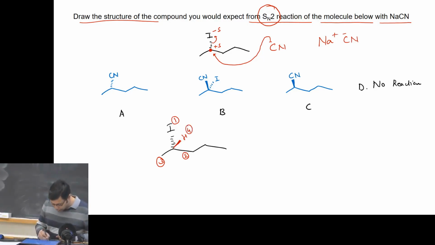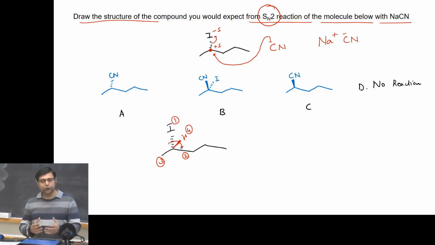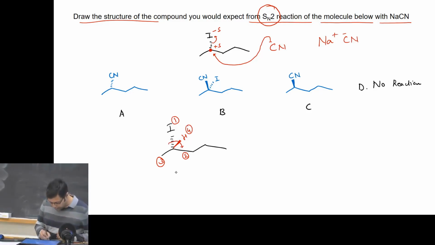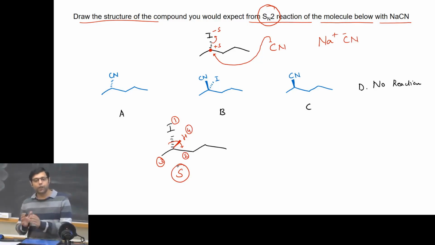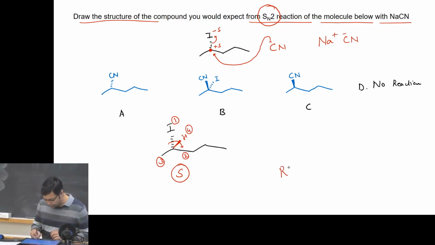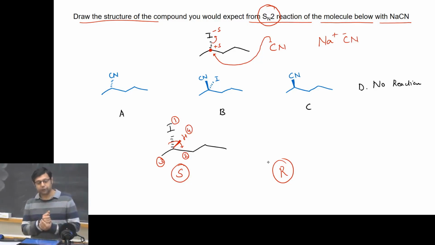So start from 1, go towards 2. That's clockwise. But since your fourth priority is in the front, the actual configuration here is S. So the product should have the CN minus on the carbon and the configuration should be R. You have to get an inversion of stereochemistry.